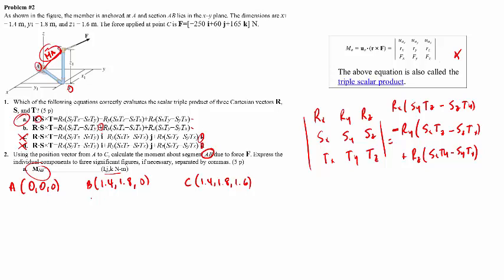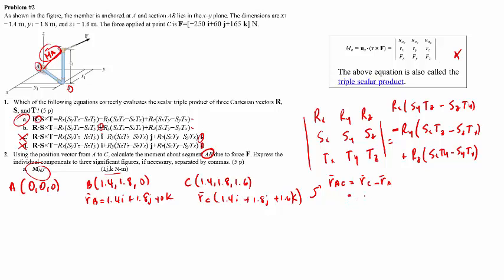So I'm going to look at my vectors, and my vector B would be 1.4i plus 1.8j plus 0k, and then my vector C would be 1.4i plus 1.8j plus 1.6k. Okay, so my vector from A to C would be RC minus RA, okay?